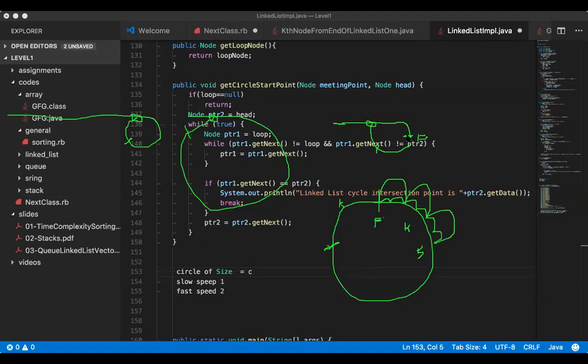Yes. Okay. Now what I can say, at the starting point, F was here and S was here. So either F had a lead over S, or in the reverse way, S had a lead of this much.